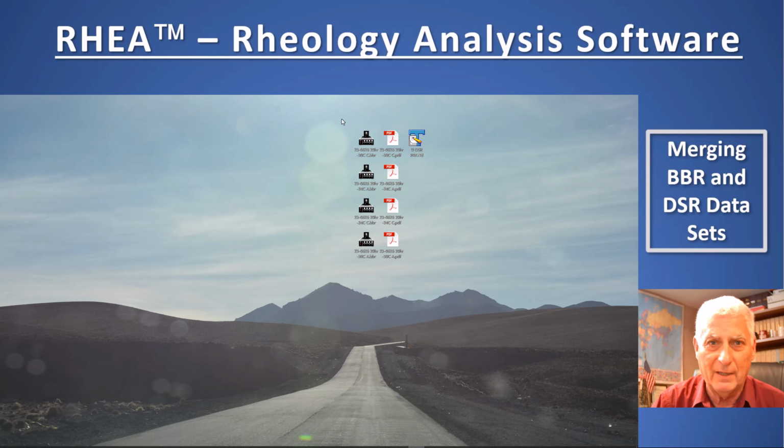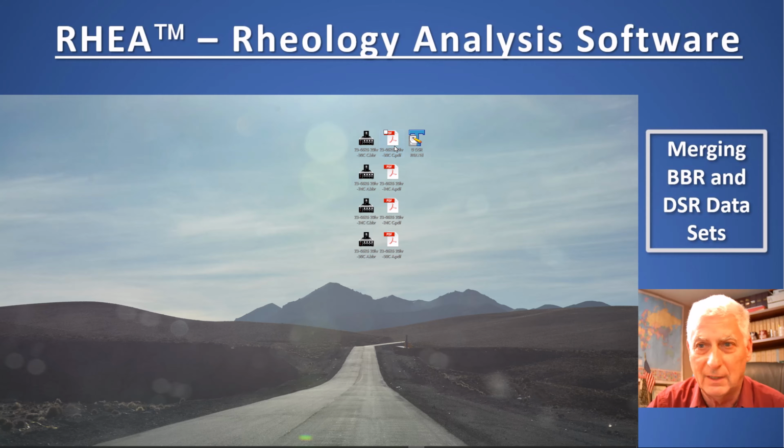So what I have here on my screen are basically 4 bending beam rheometer files. These have been captured from the Canon bending beam rheometer, and they are in the format .bbr as the extension.